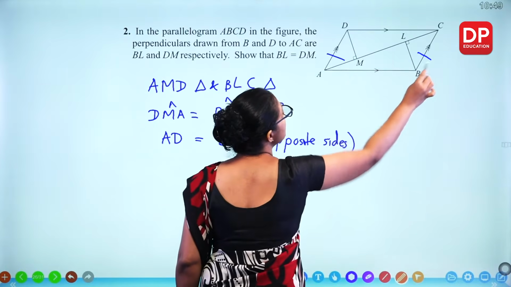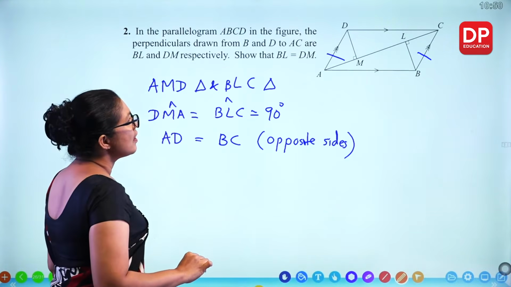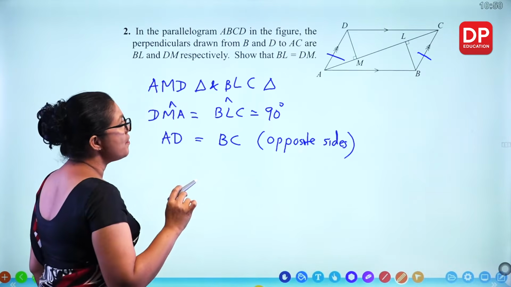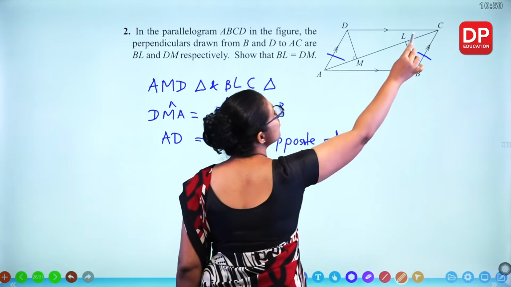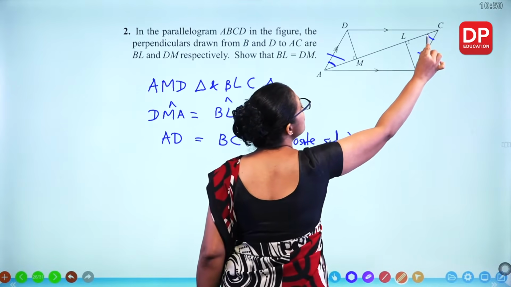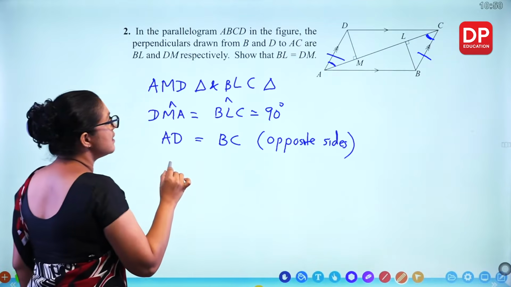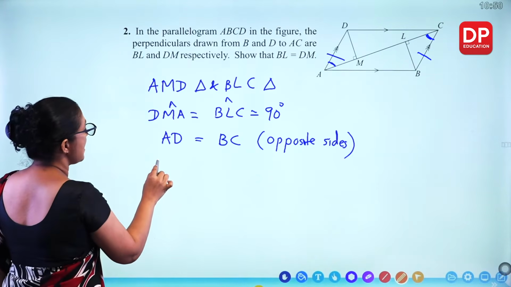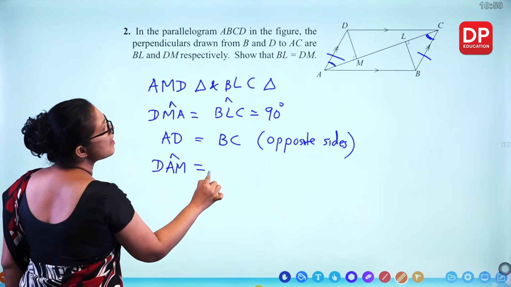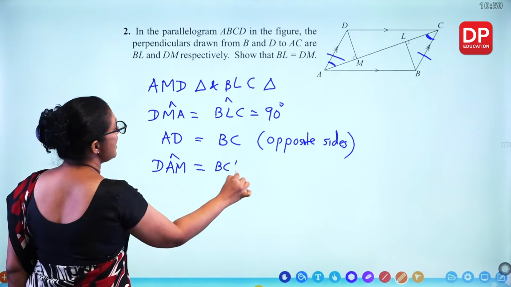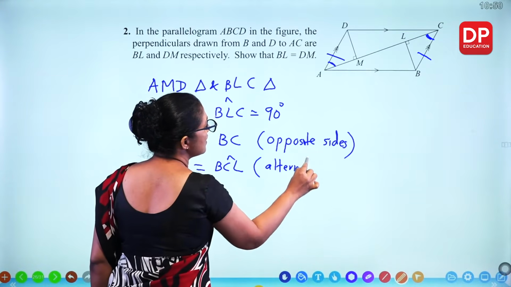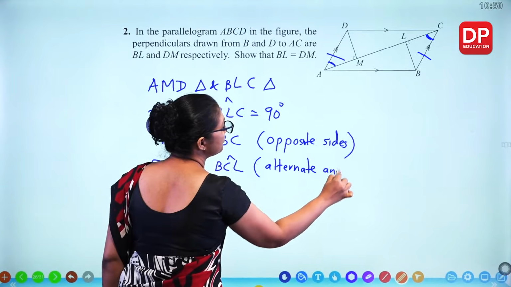This one is equal to this one. And what else we know? We know that these two lines are parallel. This angle is equal to this angle. Those are alternate angles. So DAM angle is equal to BCL angle. Those are alternate angles.